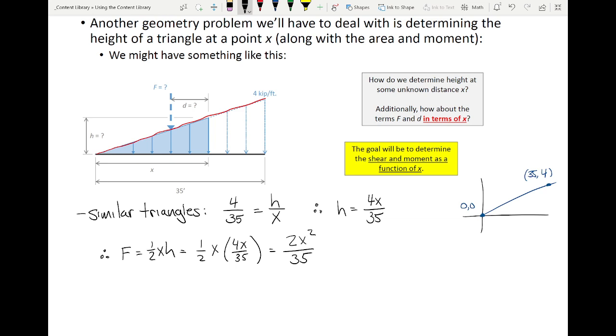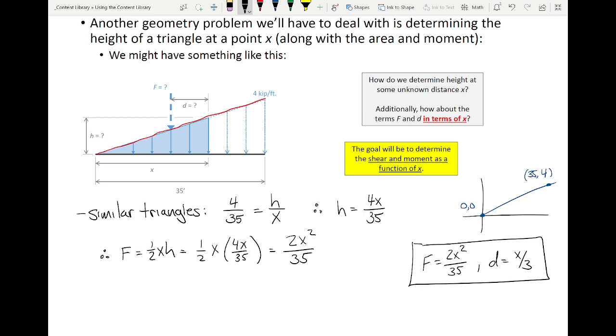The 4 and the 2 cancel, and the x times x gives you x squared. So now I've got the force and the moment arm in terms of x. Is that okay?